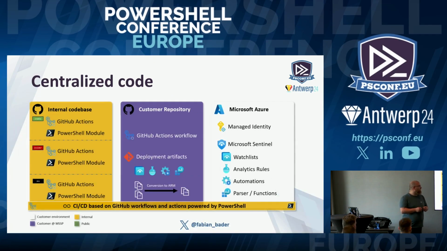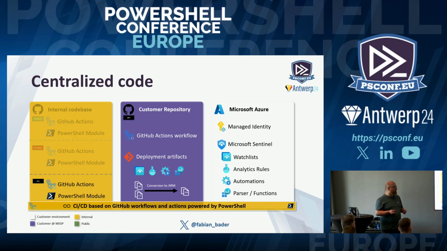I already mentioned that we also use these update rings. So we have stable, insider, and dev. Dev is, as you have seen, not always called dev, depending on who is developing. And now I can just configure in the customer repository through a variable which one you want to use.